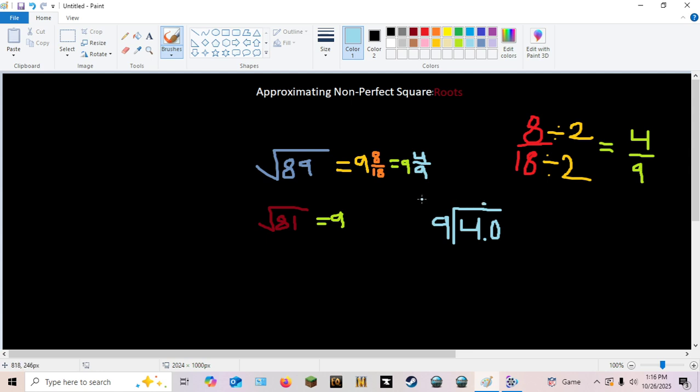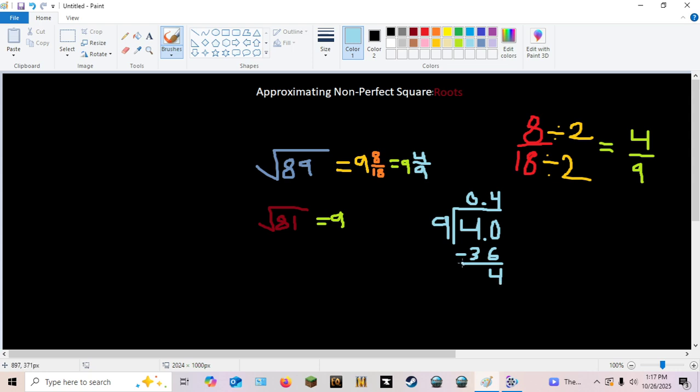How many times does 9 go into 40? 9 times 6 is 54. 9 times 5 is 45. 9 times 4 is 36. Ignore the decimal. 40 minus 36 is 4.